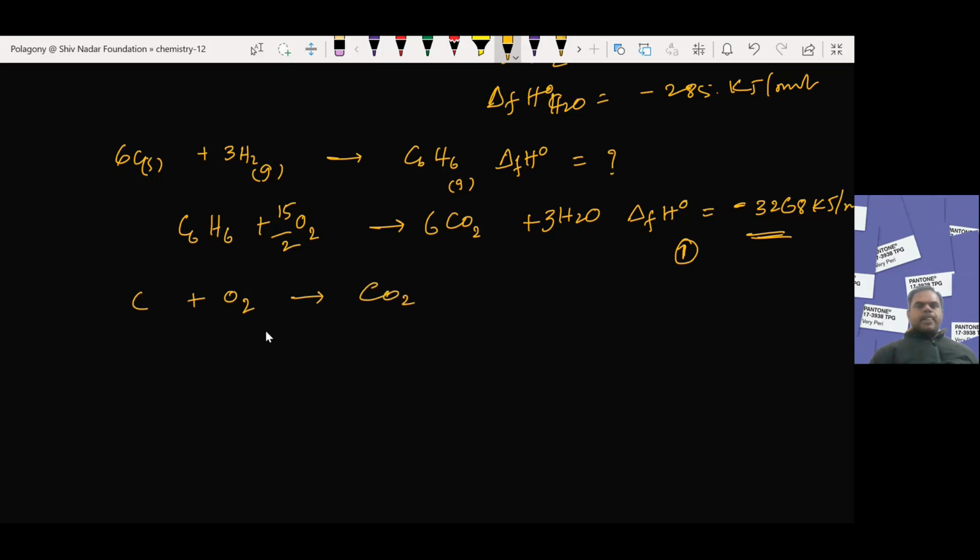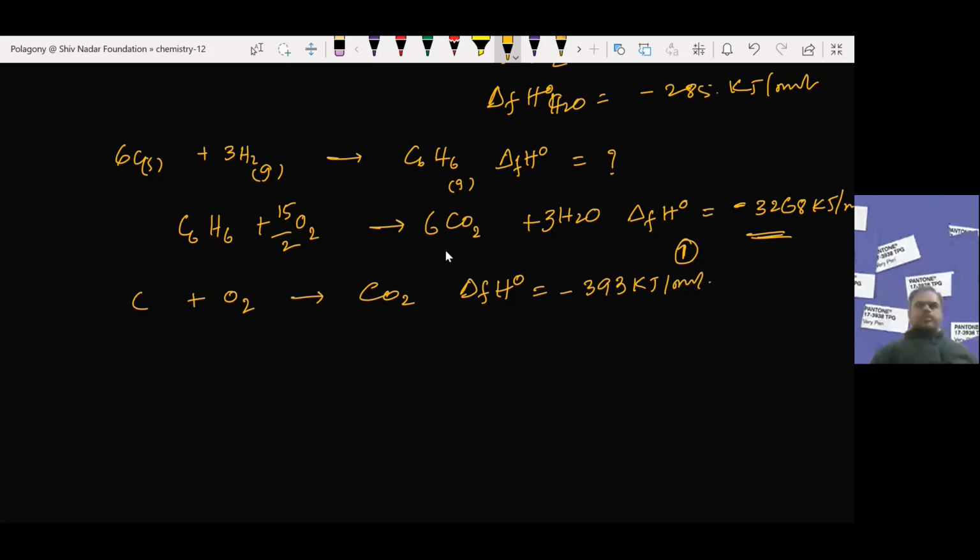CO2 formation takes place. For 1 mole the standard enthalpy change is how much? It is minus 393 kilojoules per mole.